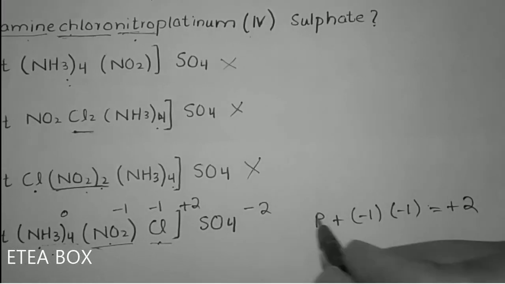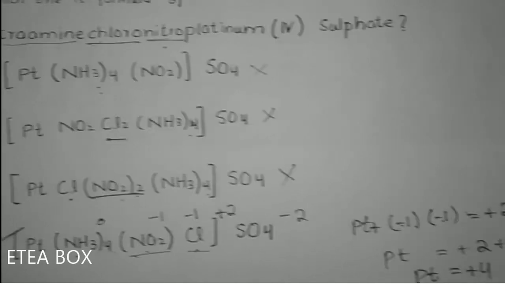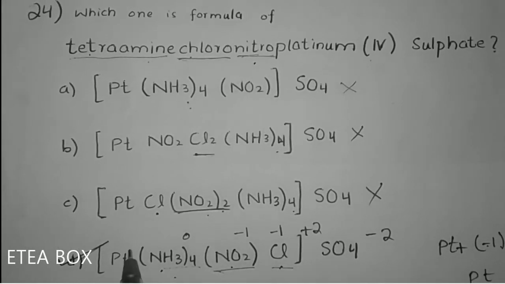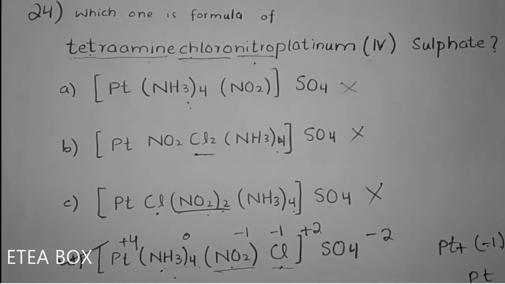So platinum is equal to +2, bring this -1 over, which makes -2, and bring this here, so it will be +2. So platinum is equal to +4. Here the oxidation state of platinum is +4. So option D is correct.